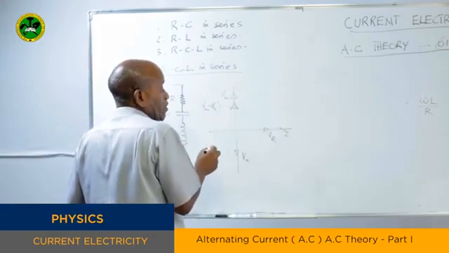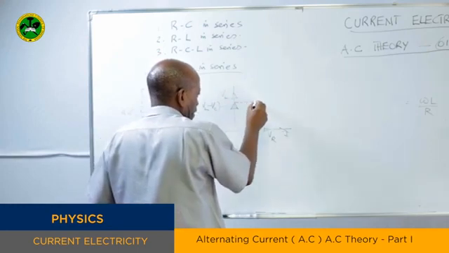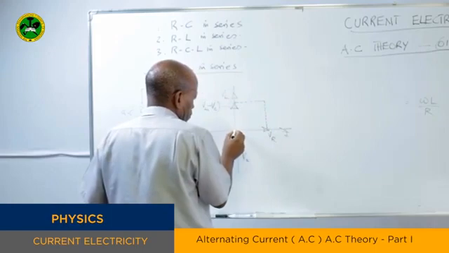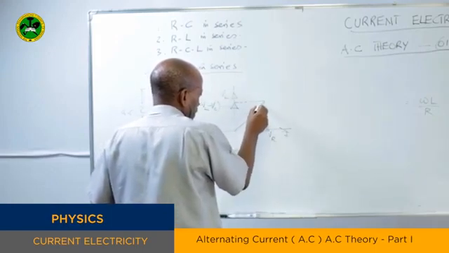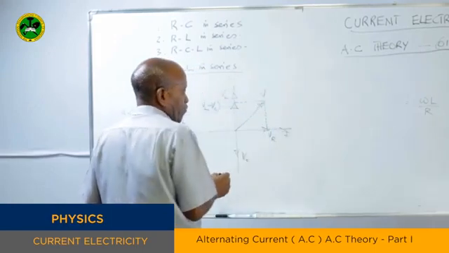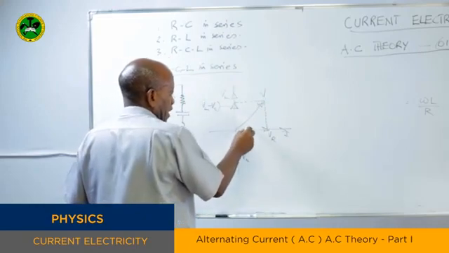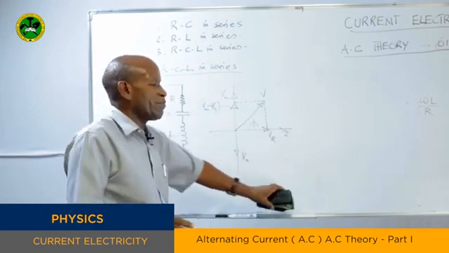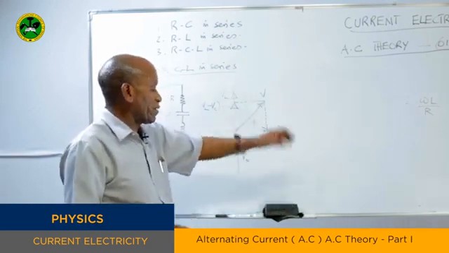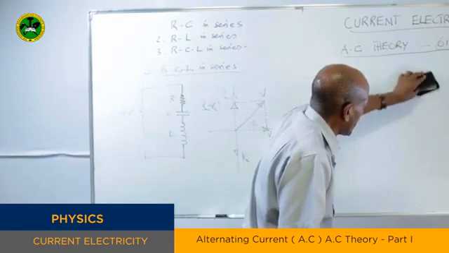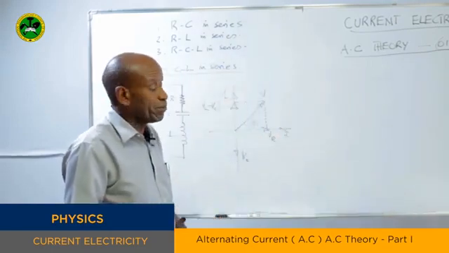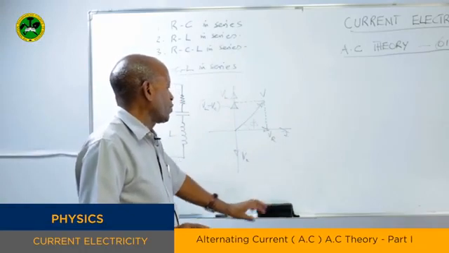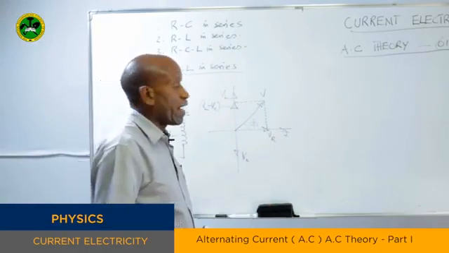The resultant can now be obtained by using Pythagoras, so that we find the resultant voltage V will be acting in that particular direction at a certain angle phi. That can be determined in the same process as we did for the previous two cases. So you can do this and obtain the impedance.